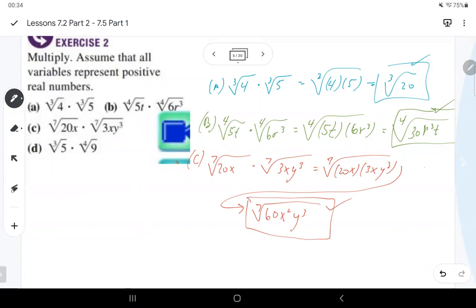All right, and the last one, unfortunately, is not the same indexes, so we can't simplify.